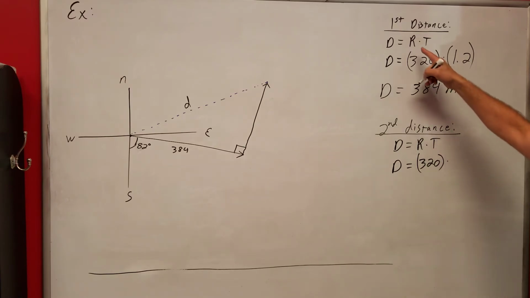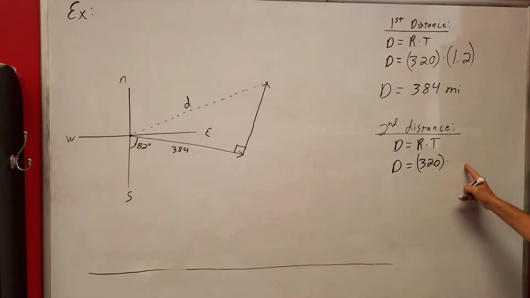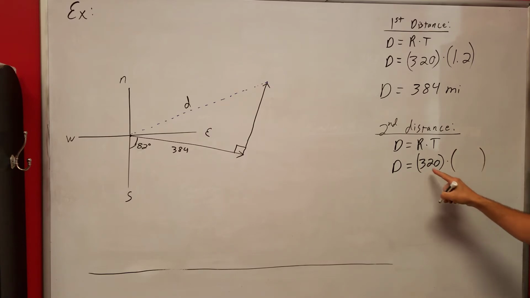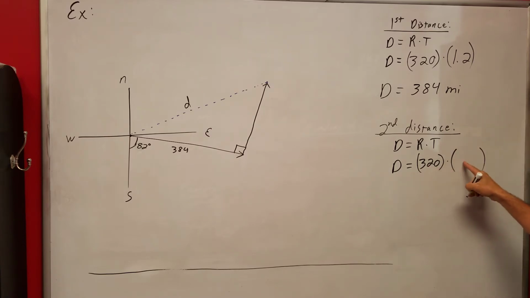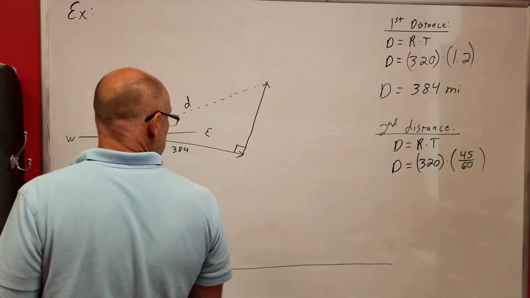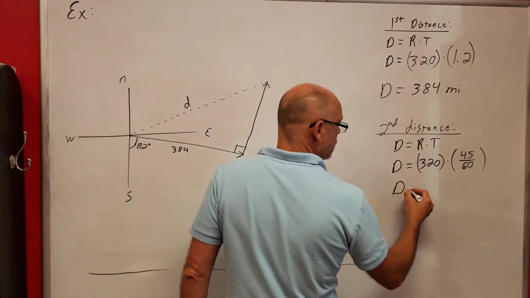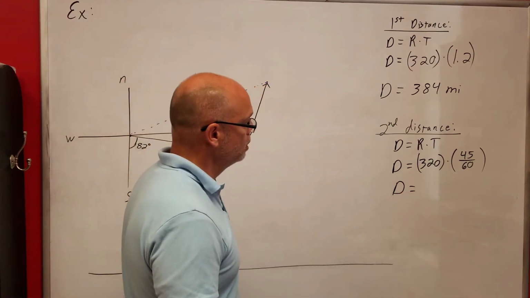But whenever I use this formula, rate times time, if the rate is in miles per hour, I want the time to be in hours. If it says 45 minutes, isn't it 45/60ths of an hour? Sure is. So we multiply that out, and what do we get?